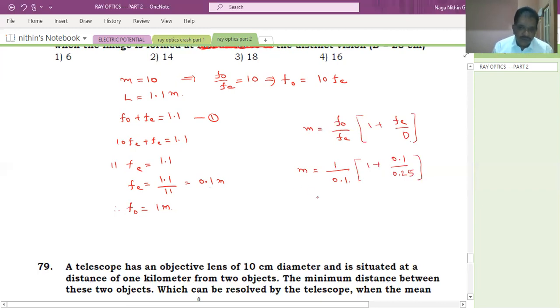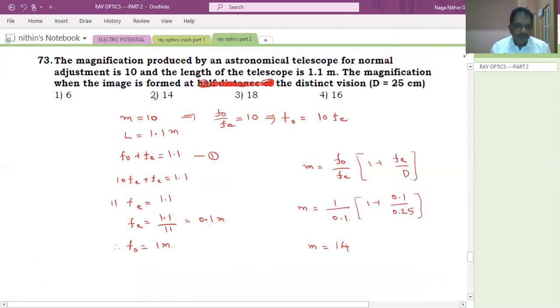So if we calculate this, finally M value, we will get as 14. So here the image is formed at the distance of distinct vision, like that you consider.